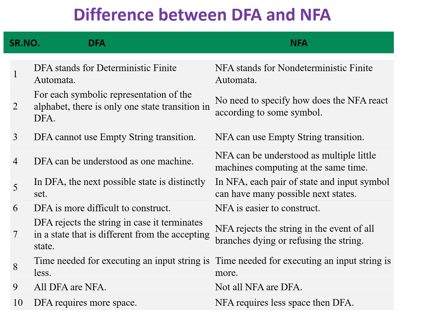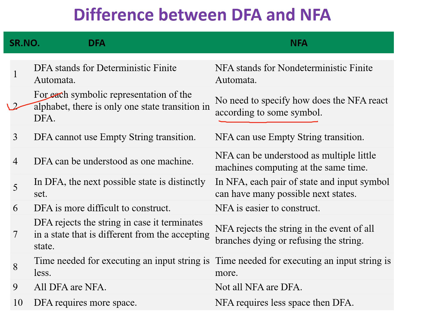Whereas in NFA, there is no need to specify how the NFA reacts according to a symbol. What does it mean here? There can be multiple transitions on the same symbol, going to different states. That does not matter in the case of NFA, whereas in DFA it matters.